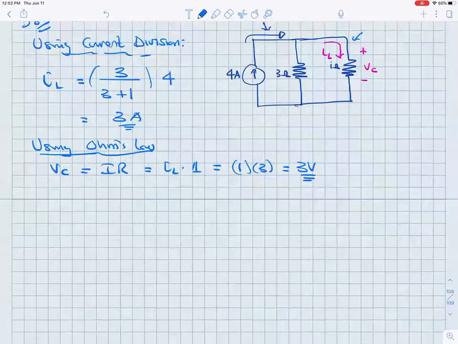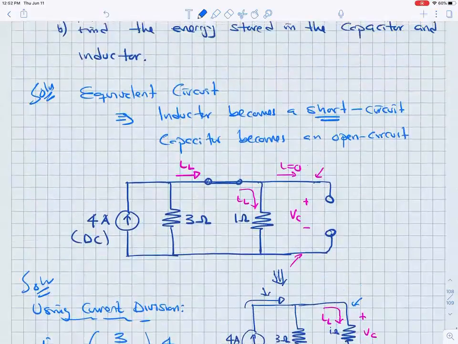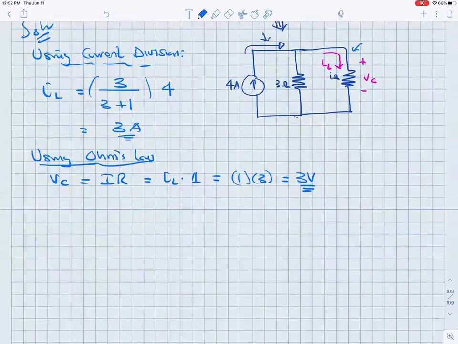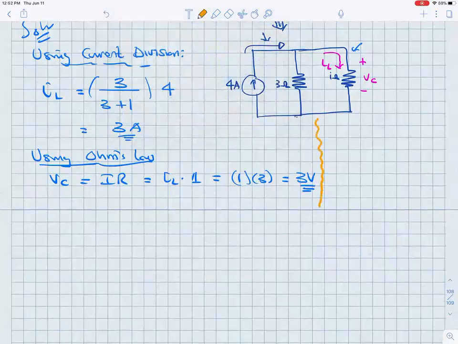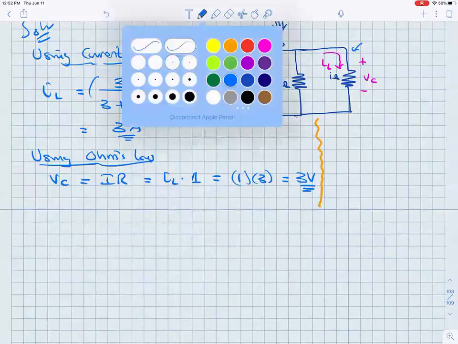So VC is equal to 3 volts. I'm going to try to keep all the solution on this page. I'm going to draw a line over here, and then we'll do the rest on the other side because it's very small.